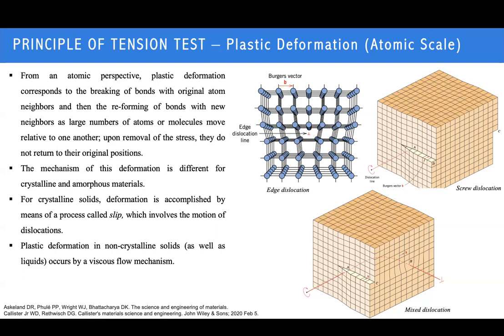So for crystalline solids, as I mentioned before, deformation is by the slip system. So there is dislocation motion. There will be two main types of dislocations, which are edge dislocations and screw dislocations. But at some points, these dislocations will be mixed together and form a mixed dislocation.